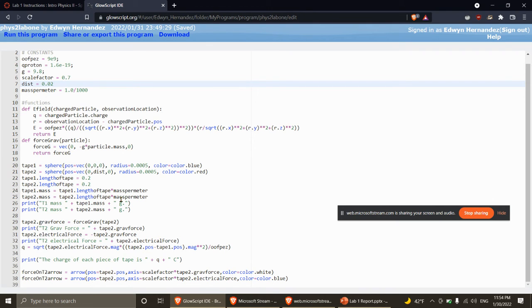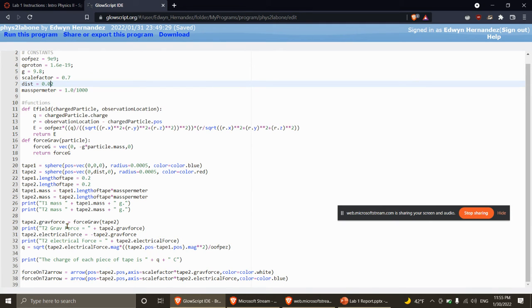Our mass of the tape is the mass per meter, which I have right here, which is 1 gram per 1,000 centimeters, which is 1 meter. Then we print out the mass, which is the mass of tape 1 and tape 2.